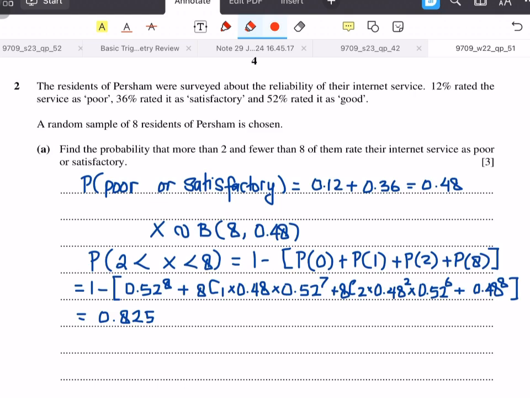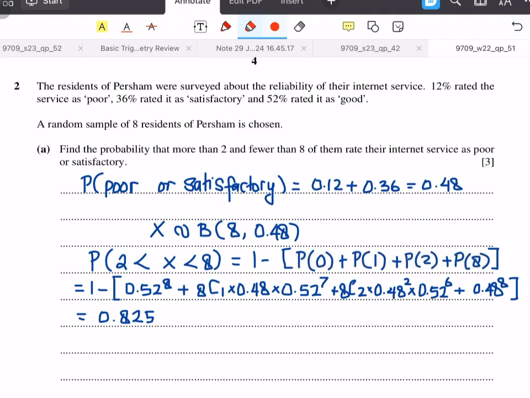So here X follows the binomial distribution with 8 independent trials, and the probability of success is 0.48. Probability 2 less than X less than 8 is 1 minus the probability of 0 plus probability 1 plus probability 2 plus probability 8.